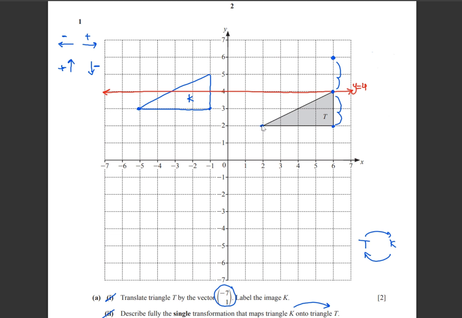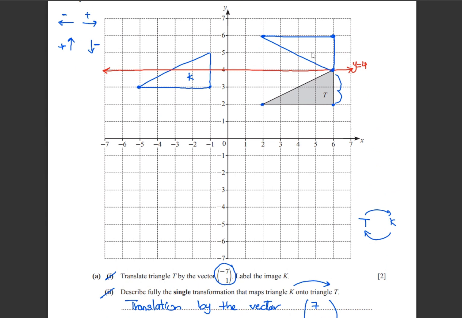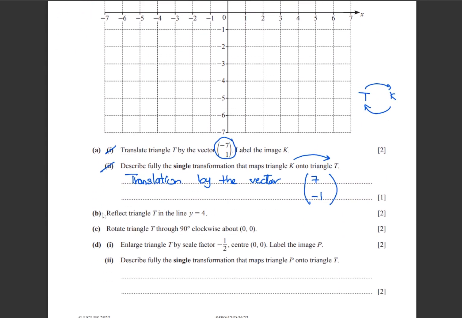This point also is 2 units far, so it will be 2 units far on the other side. So I am going to join this and this and join this. And he didn't mention a name, so I can name it T dash, for example. Okay. Whenever you finish a question, especially in this type of question, cross it.